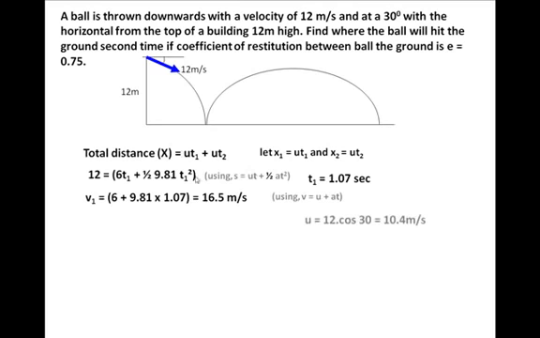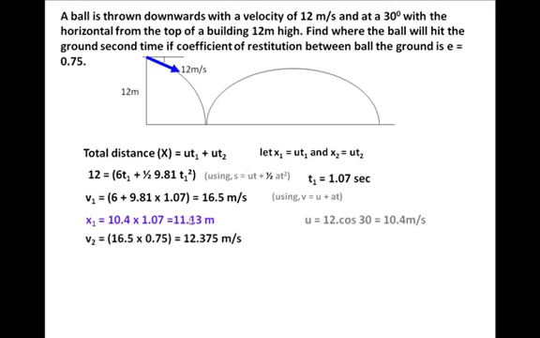Then the horizontal velocity u is here given 12 cos 30, so that is 10.4, and x1 therefore is horizontal velocity 10.4 into the time 1.07, so that is 11.13 meter.